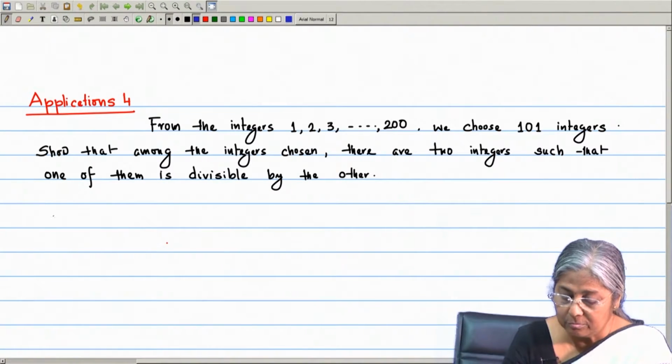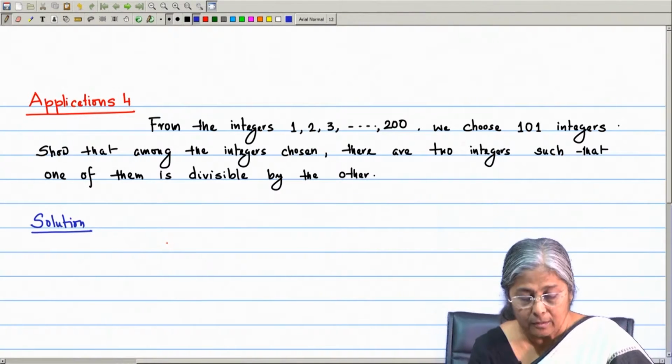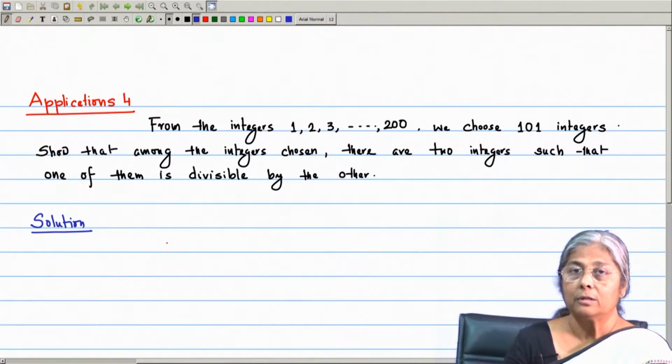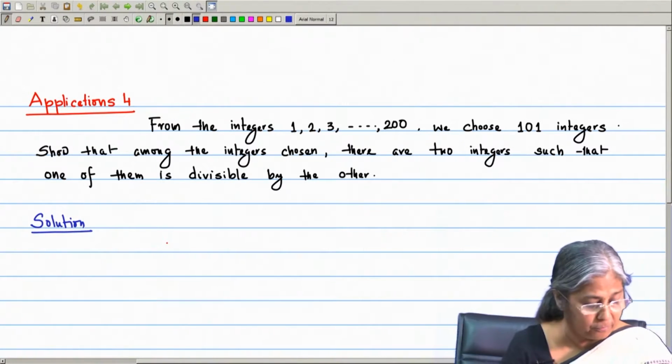We will try to solve this problem using the pigeonhole principle in simple form. Now, first we see one property of elementary number theory.